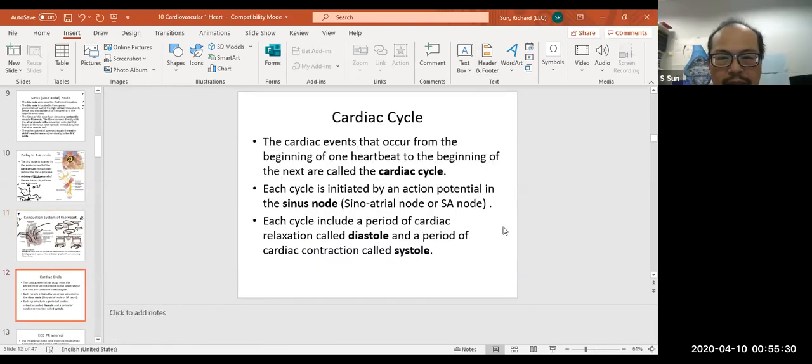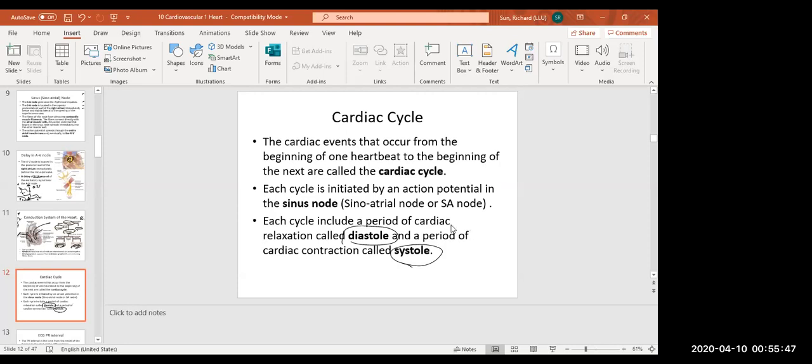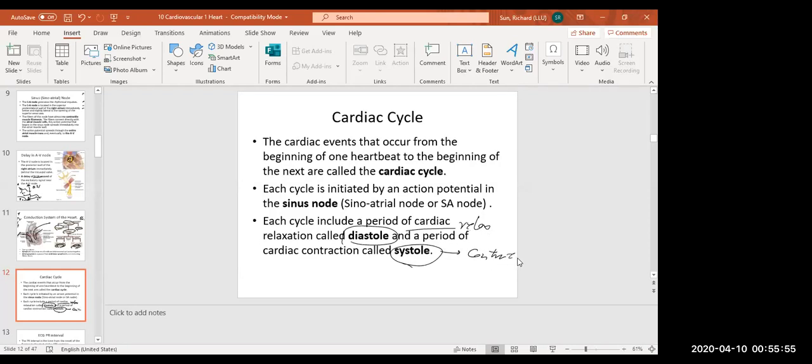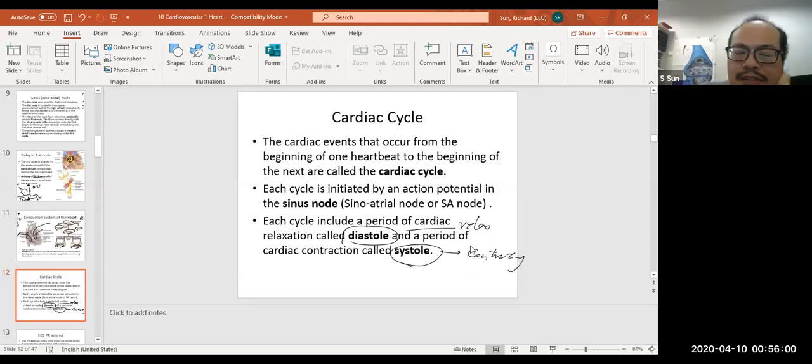All right, so let's talk about the cardiac cycle. Basically in the cardiac cycle, we are going to talk about diastole and systole. Diastole is when the heart is relaxed. Systole is when the heart is contracting. So that's this cardiac cycle, basically the heart.